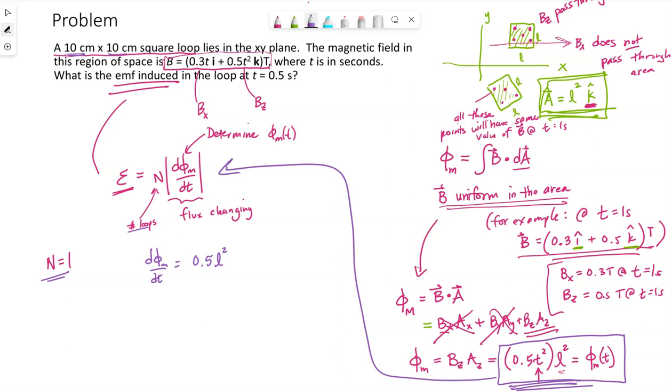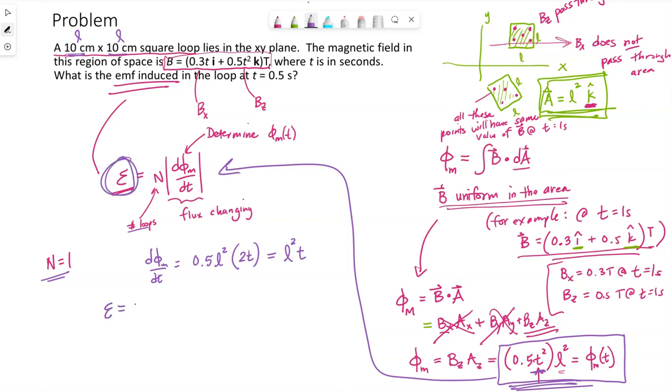That's not changing. It's this t squared term. The derivative of t squared is 2t. So we find that the derivative of the flux with respect to time is L squared, L being the 10 centimeters, and then we still have t in here.